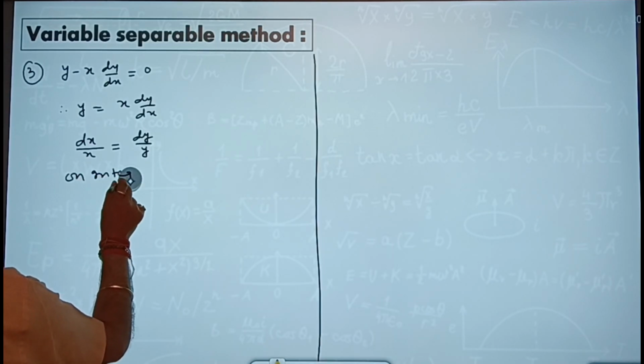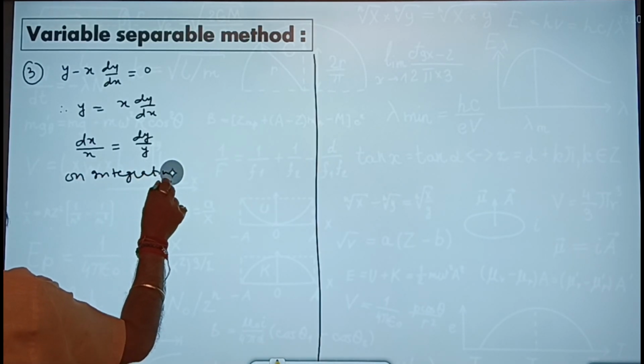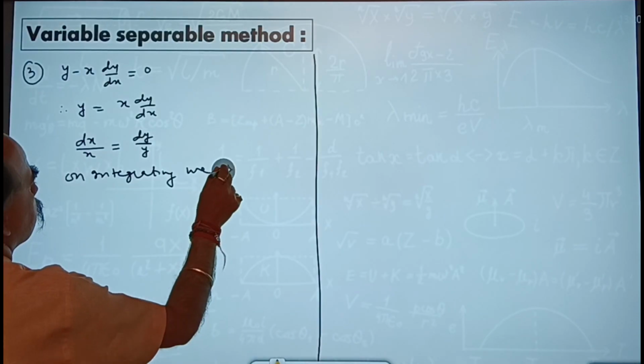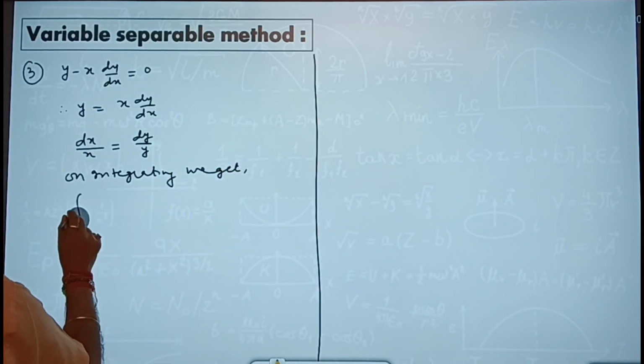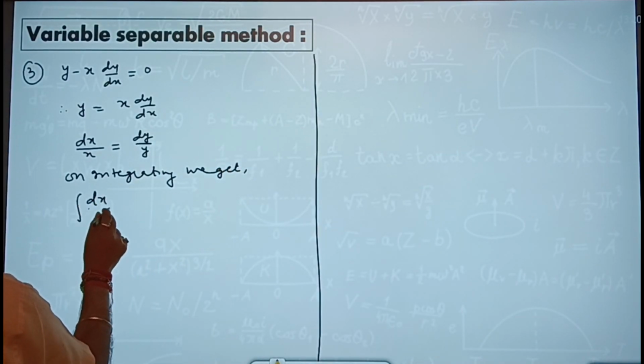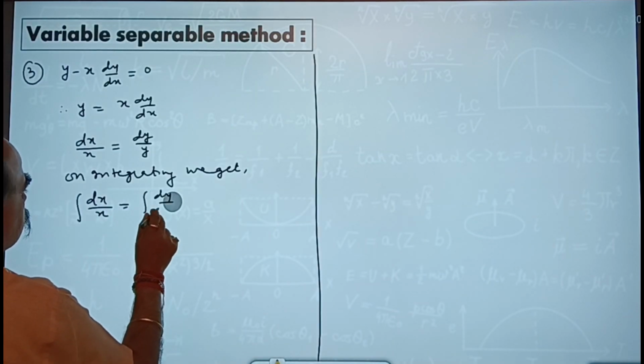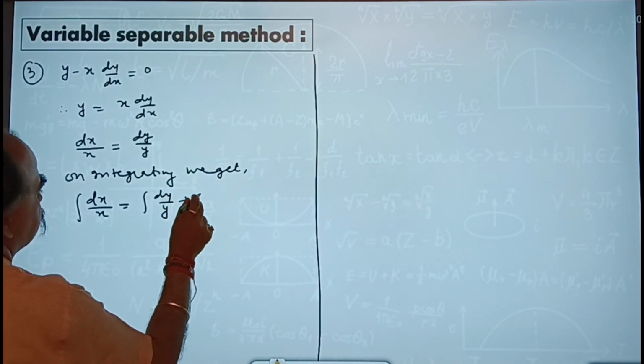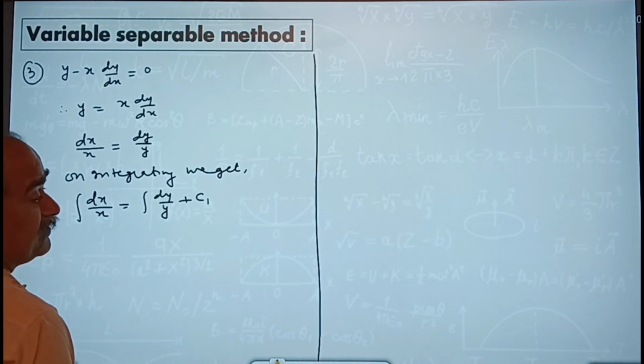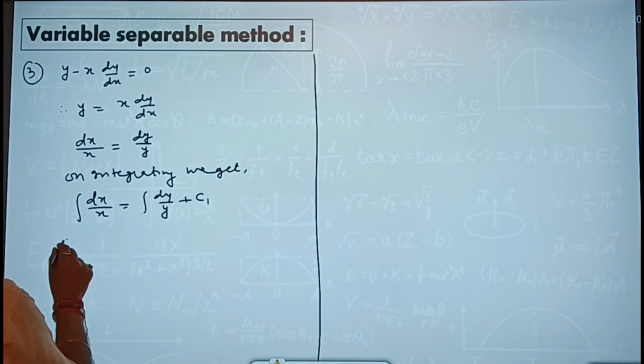On integrating we get integral dx upon x equals integral dy upon y plus c1. Constant of integration we are taking c1.